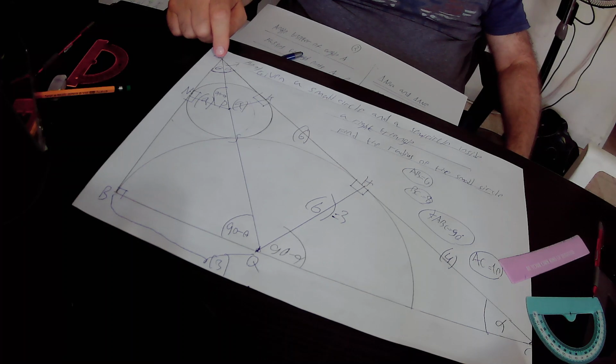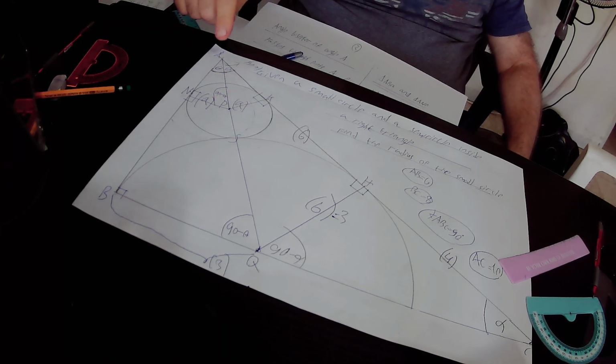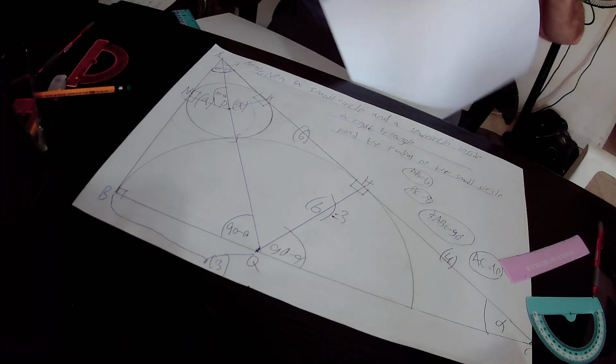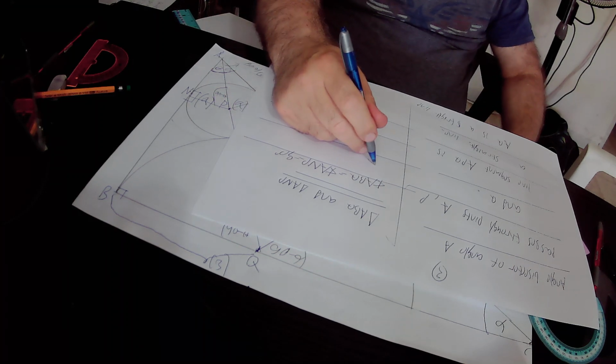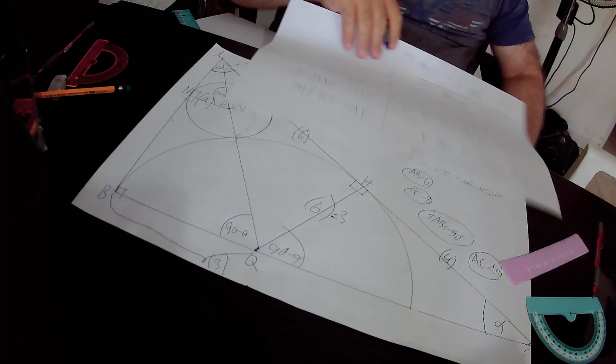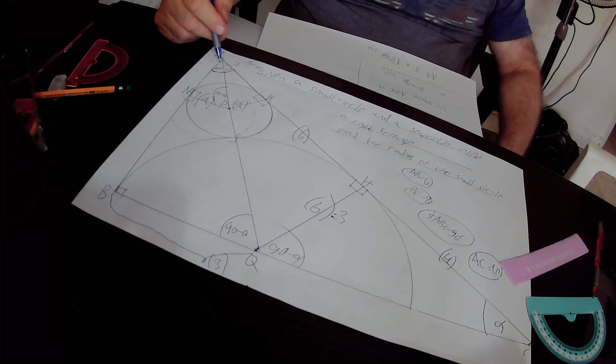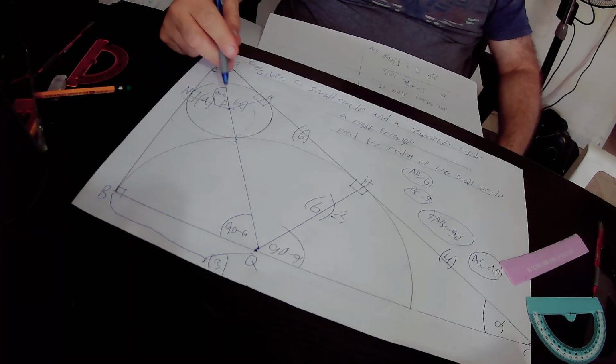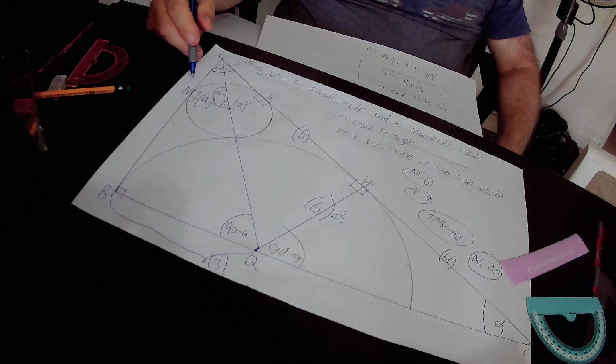So if you relate to angle theta as it belongs to the big right triangle ABQ, it will be defined as angle BAQ, and it is equal to itself. If we relate to this angle theta as it belongs to the small right triangle ANP, it will be defined as angle NAP.